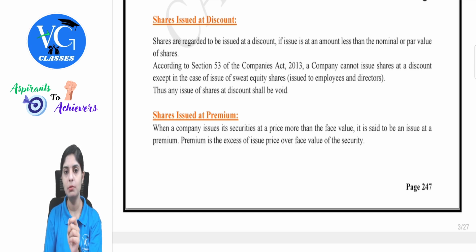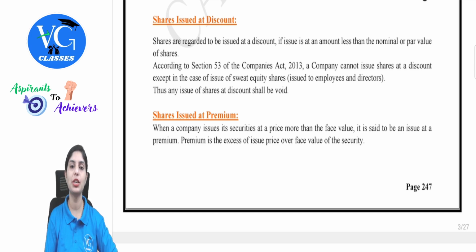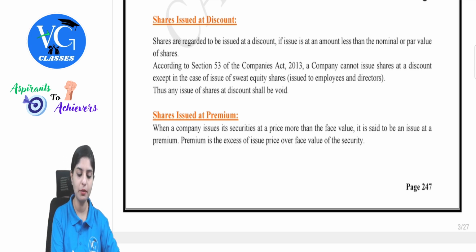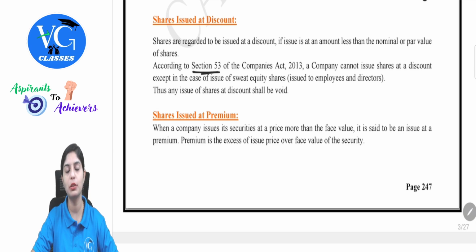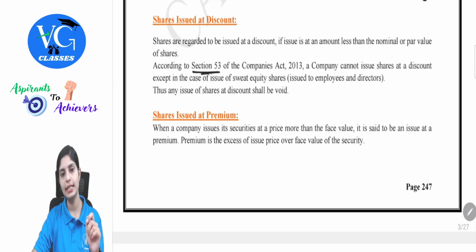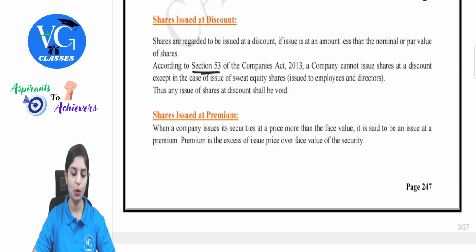The next point is with respect to issue price of shares. First category, shares issued at discount. As per Companies Act 2013, section 53, there is a clear prohibition that no shares can be issued at a discount.